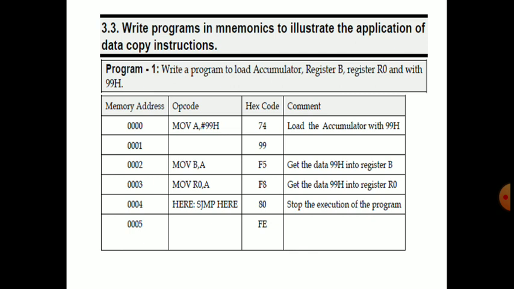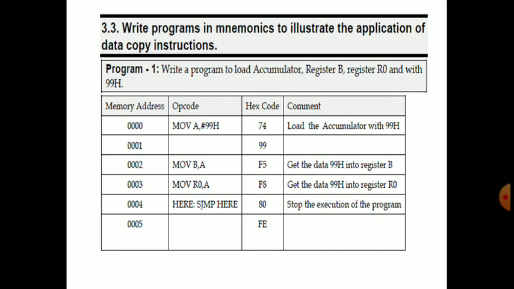There is no need to write the memory address and hex code, but if you write them then you will understand it very well. If you don't write the memory address and hex code, and only write the opcode in the coding section during the lab session or in the examination also, it will work.